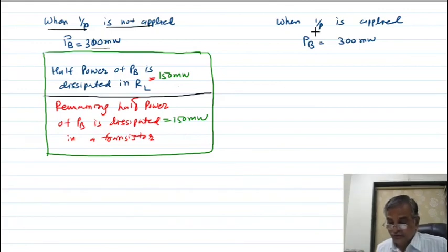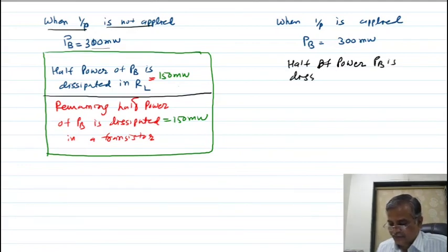Now, sir, I have given input. If you have given the input, then half of PB is dissipated in RL, which means 150 milliwatt is wasted here.